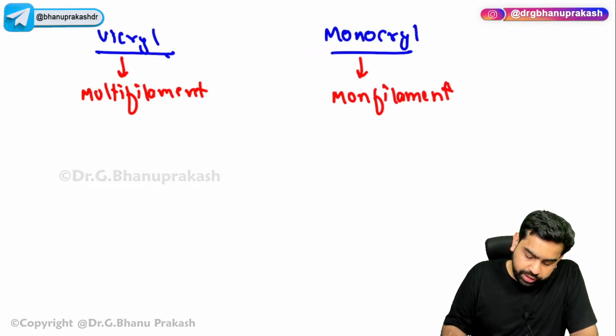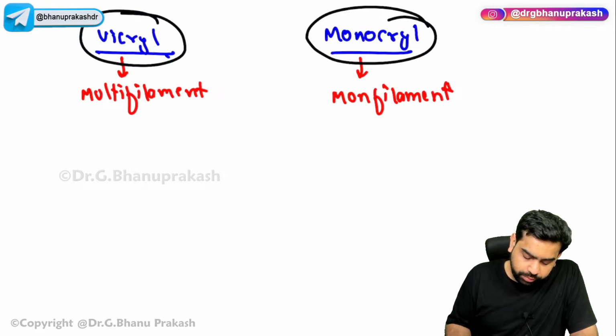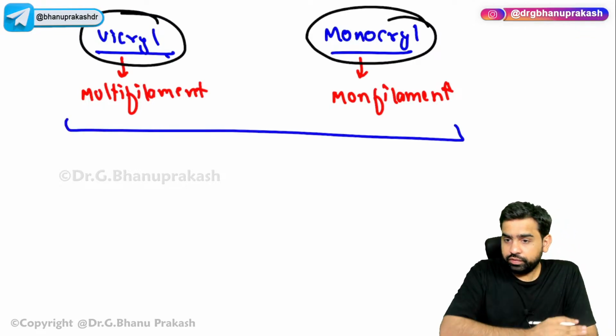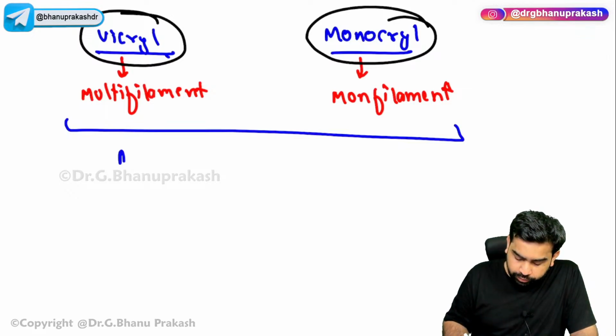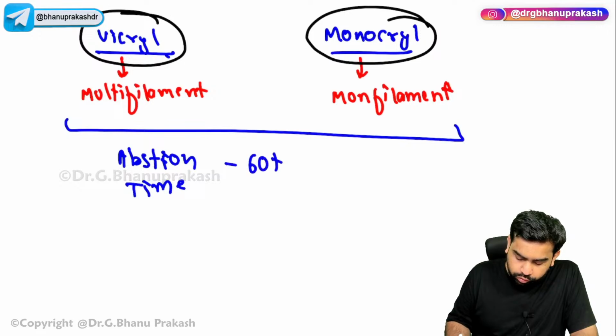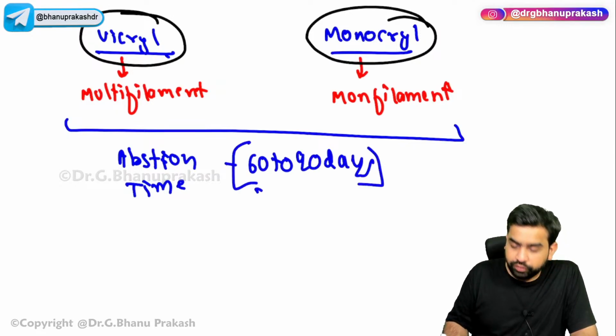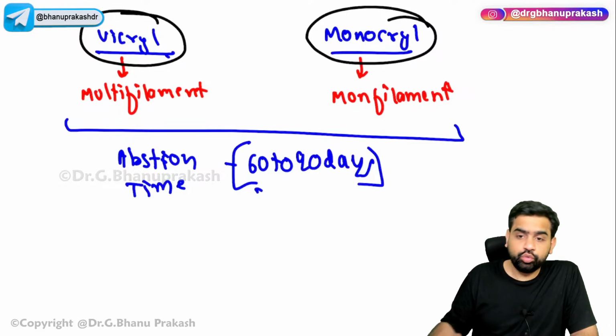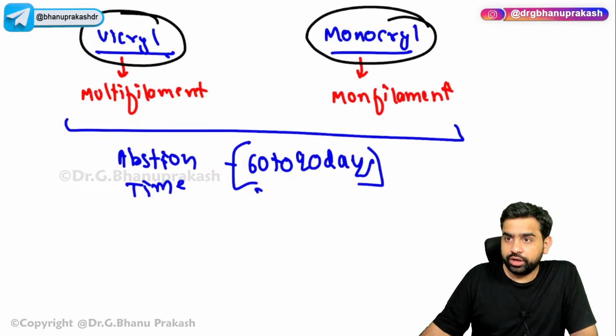That is all fine, but what about the absorption time? The absorption time of vicryl and monocryl is 60 to 90 days. I hope you are able to appreciate these things.